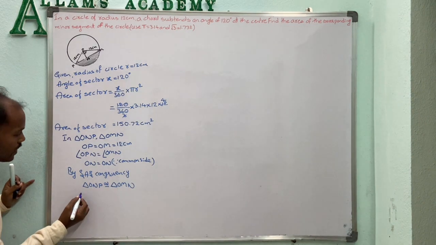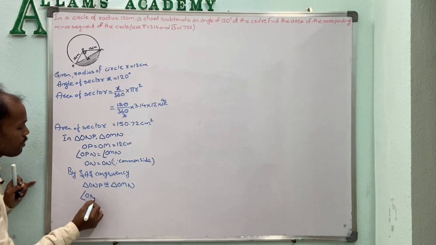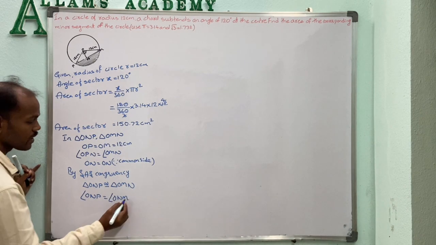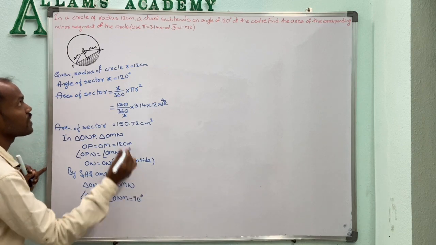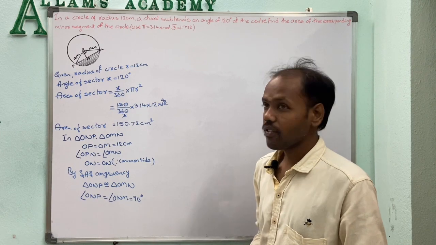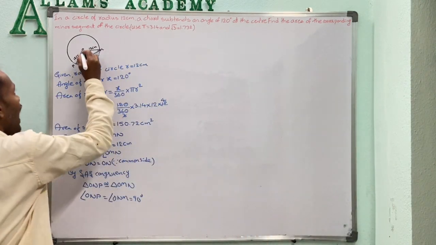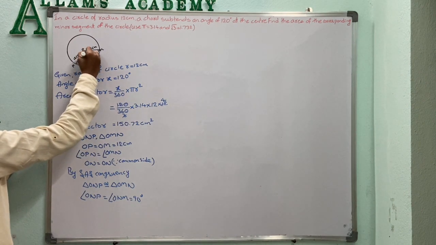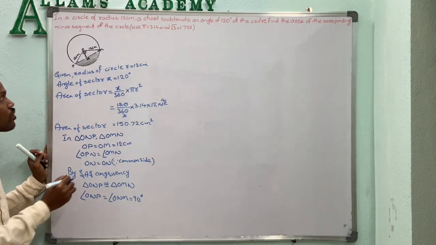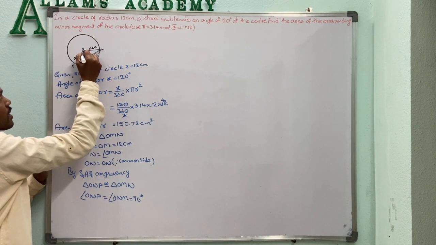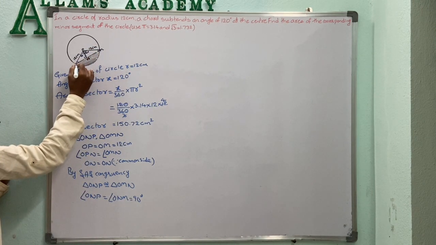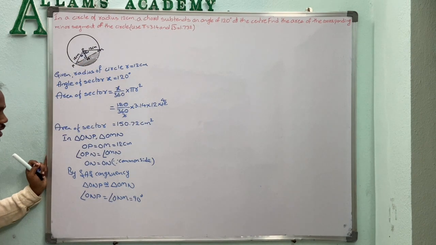Again we can say angle ONP equals angle ONM, which is 90 degrees, because we drew a perpendicular. So these two are equal, and ON is the angle bisector. So 120 is divided into two equal halves, that is 60 degrees and 60 degrees. So one angle is 90, another is 60. That means angle P equals 30 degrees.